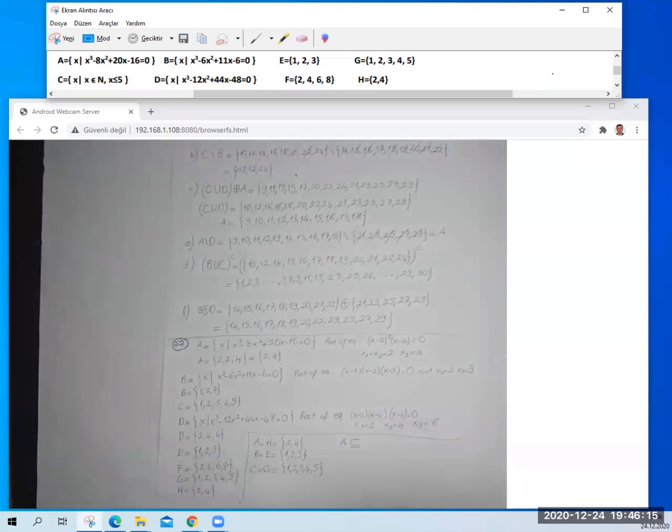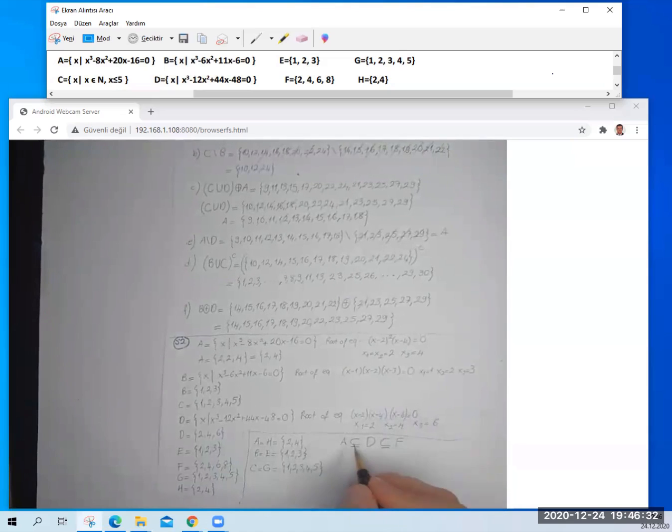And there is also a relation with F. F also covers or contains A and D. Okay, F. I know A is also equal to H, so you can put H here for the same relations.